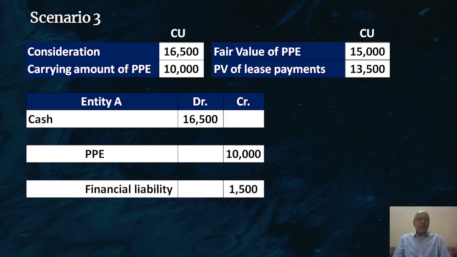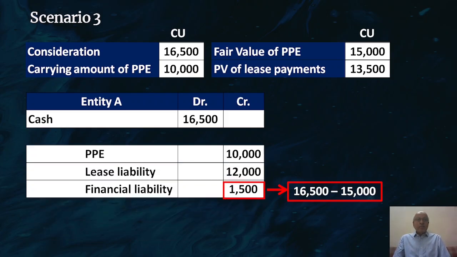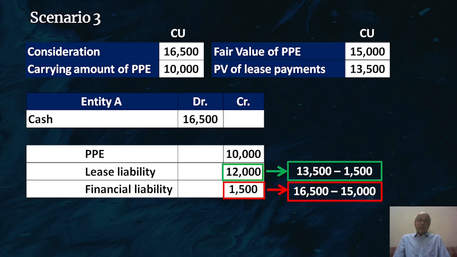I told you earlier how to get financial liability: 16,500 total payment made above fair value of PP, that means 1,500 funds provided by the buyer to the seller. So what is my lease liability? 13,500 is the total lease liability. Out of that, 1,500 is financial liability. Balance is lease liability, 13,500 minus 1,500.